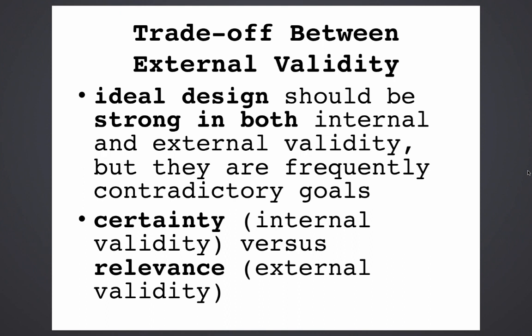So it's this idea that you've got certainty when you are achieving high levels of internal validity versus relevance when you're achieving high levels of external validity. And so obviously we want to have high levels of both, but it may not be the case that one study will achieve that result.